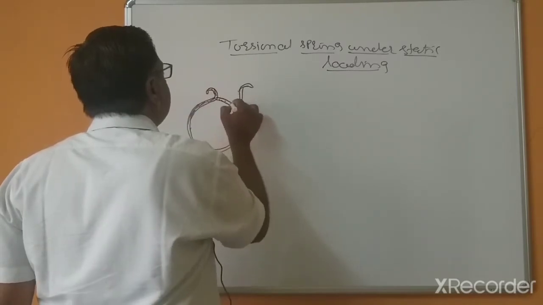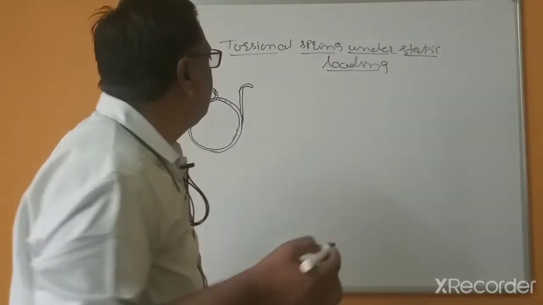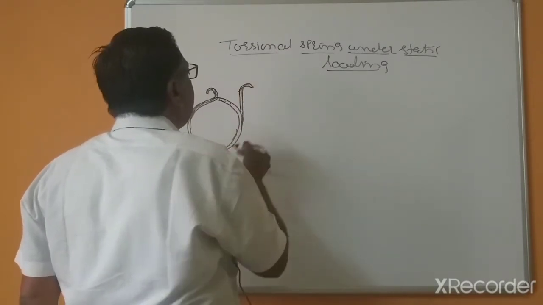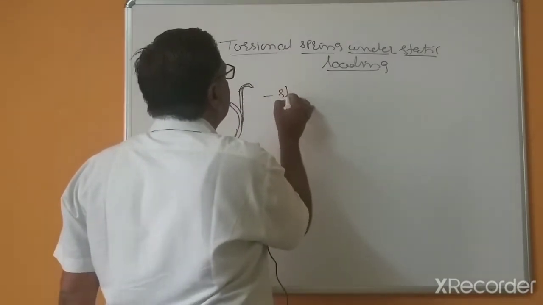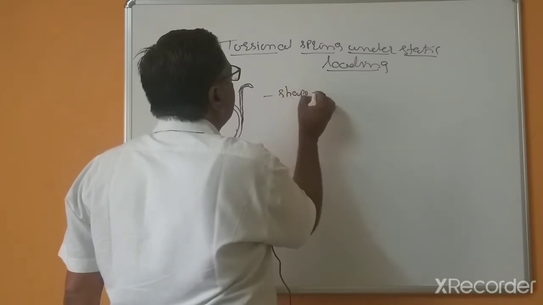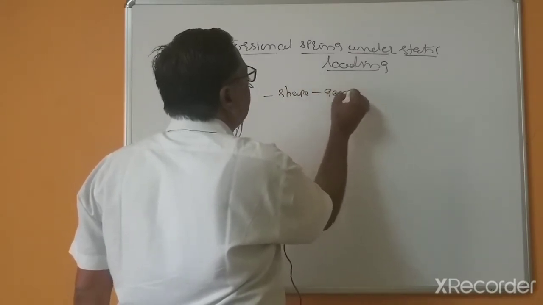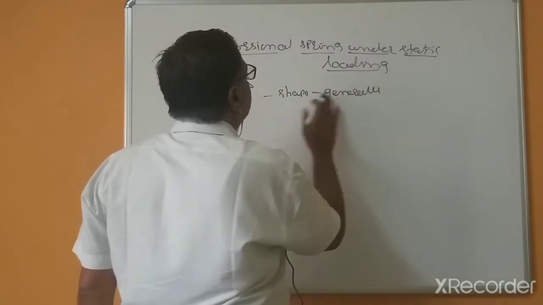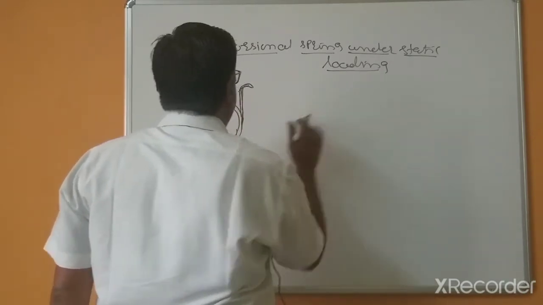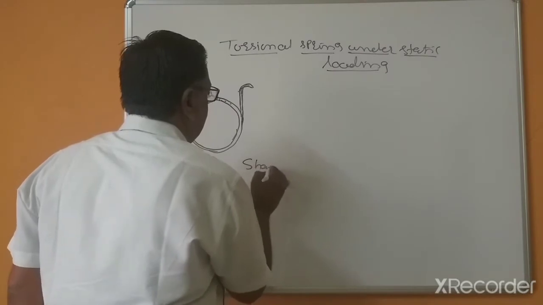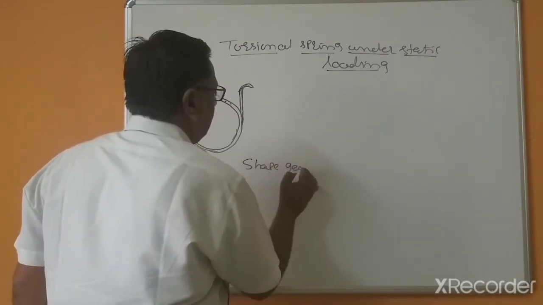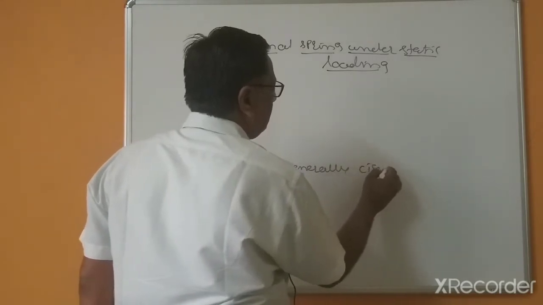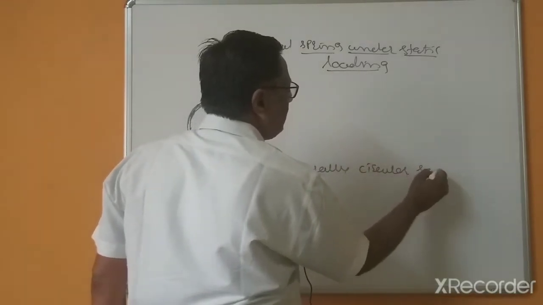This cross section is solid, similar to helical compression springs, generally circular sections.